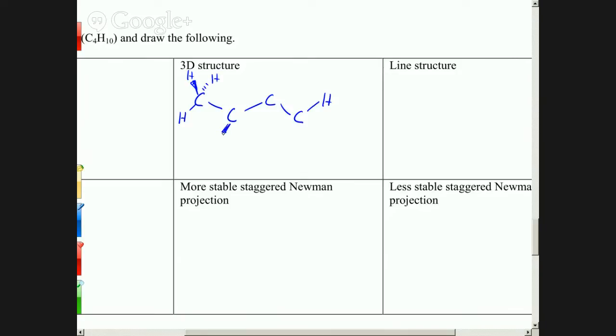And you can put those wedges in. Oh, you mean like on the left or on the right? Right, that doesn't matter. Those will be the same. You can put dash or wedge on the left or the right. That doesn't matter because they're supposed to be directly in line.